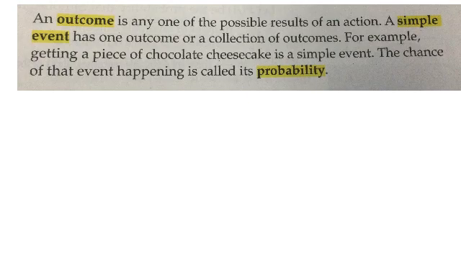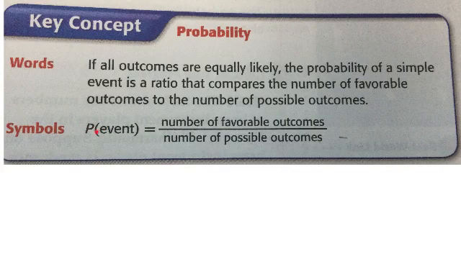So probability, you can see inside of it, it has the word probable. How probable is something to happen, which just means how likely or the chance that the event occurs. What's the probability of, when I flip a coin, getting heads? How many favorable outcomes are there? Do y'all know what favorable outcomes means?